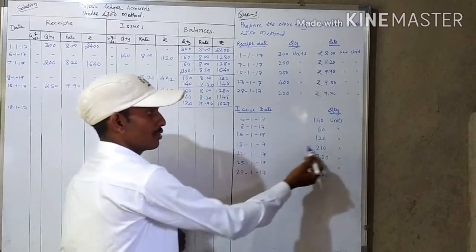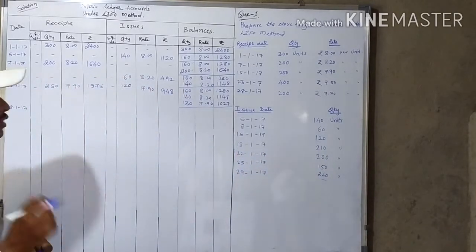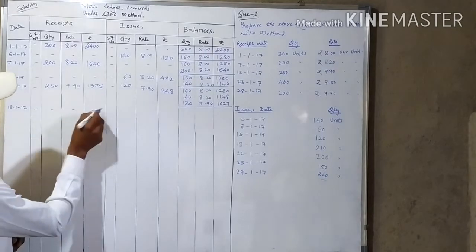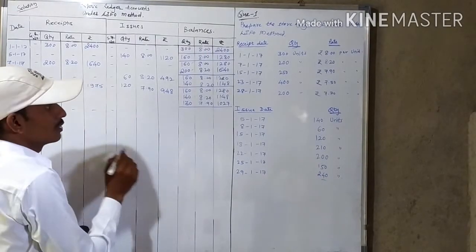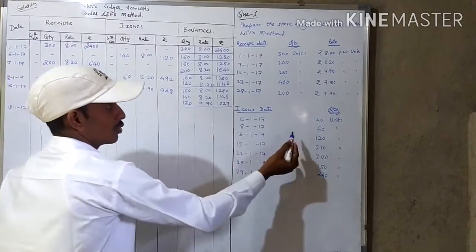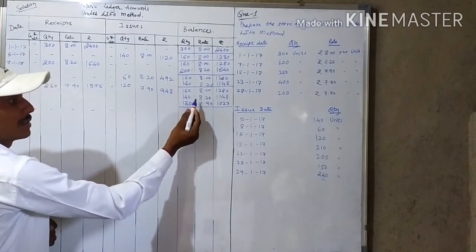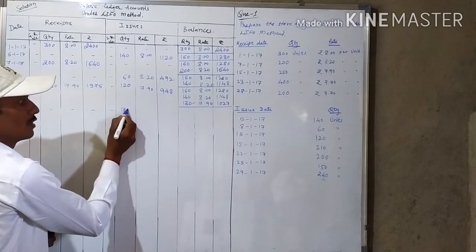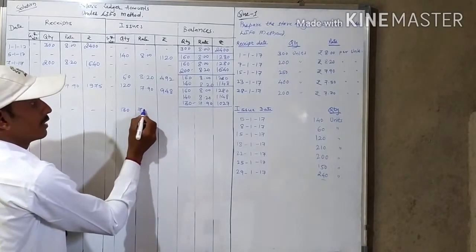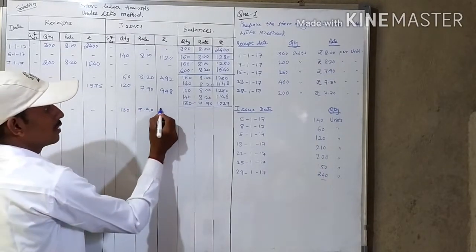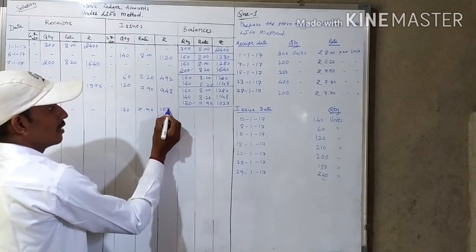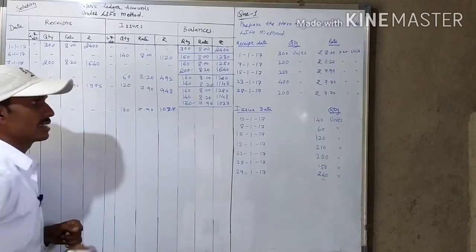So we have to issue 210 quantities. No receipt has taken place. So first, the last purchased we have to issue first, that is 130 units, rate is 7.90, total amount is 1027 rupees.